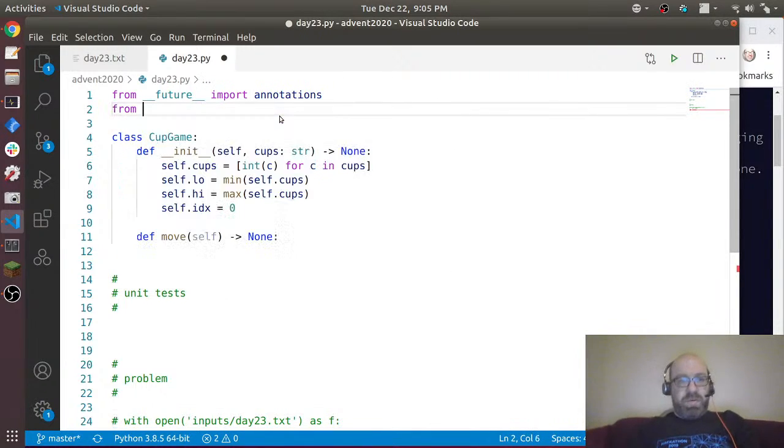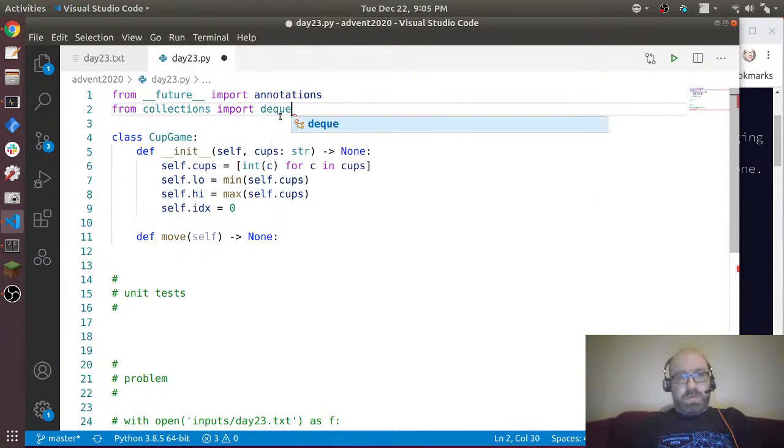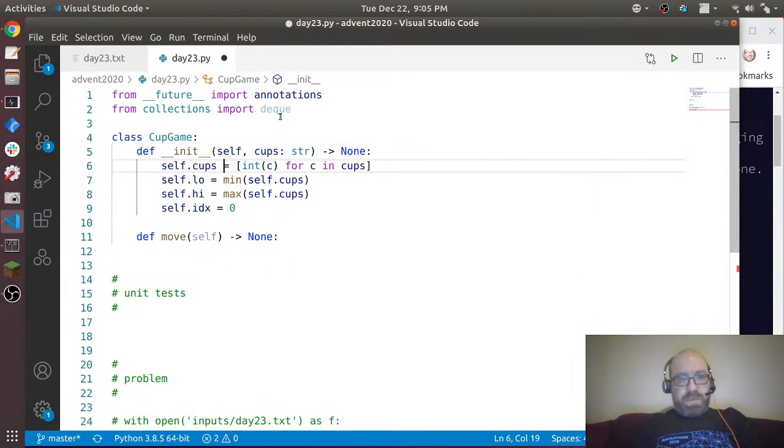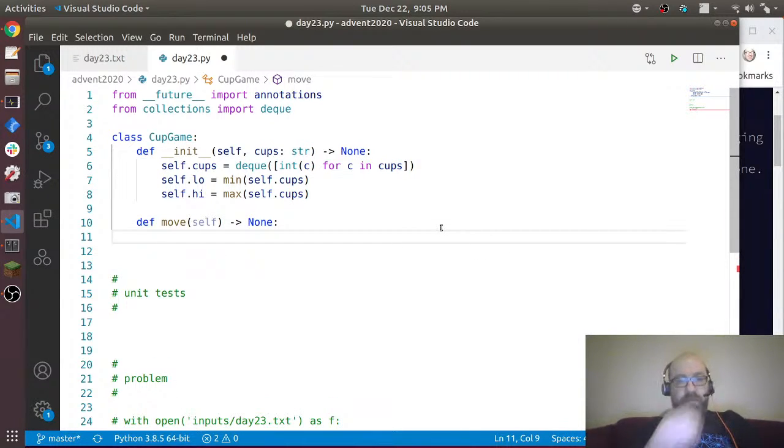So, you know, this might be easier if I use a queue, and so I will maybe do that. self.cups equals the queue with this in it, and now I don't need a self.index, because the current cup is going to be as follows.